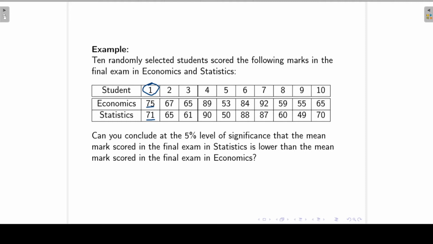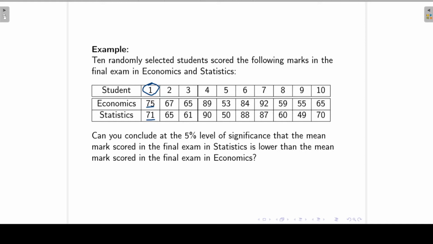Can you conclude at the 5% level of significance that the mean mark scored in the final exam in statistics is lower than the mean mark scored in the final exam in economics? Okay, so if we compare two population means, we first need to determine whether we are working with dependent or independent samples.